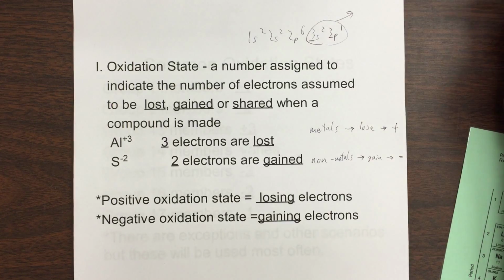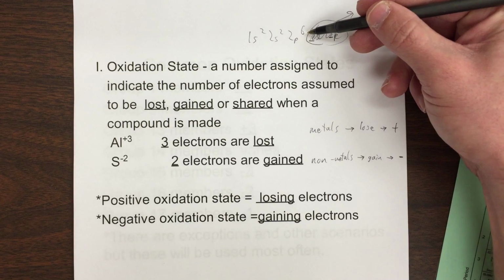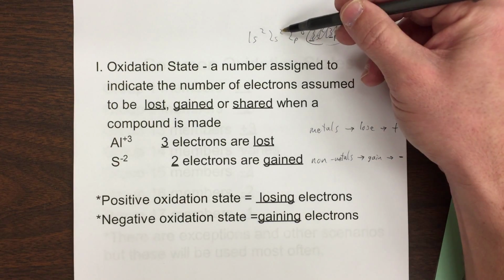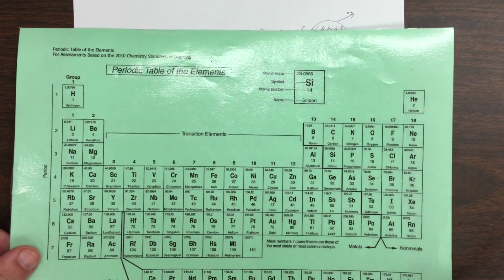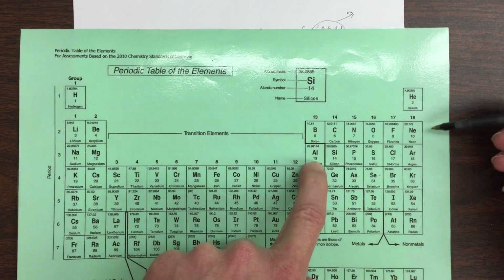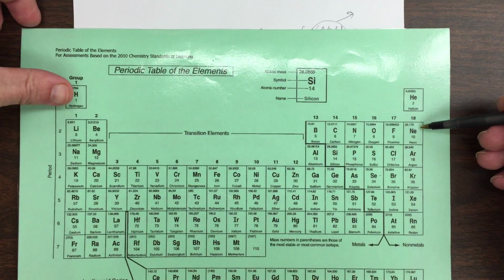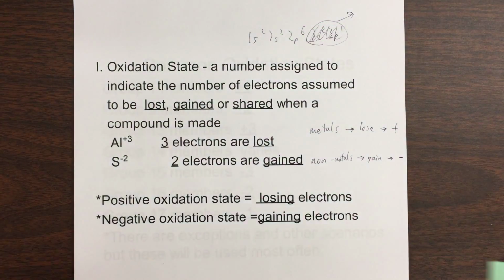They will go away. And now its electron configuration is the same as the element with 2, 4, 10 electrons, which would be neon. So aluminum here will lose those 3 valence electrons, and it will drop down in energy level to be like a noble gas, because all elements want 8 electrons in their outer shell.